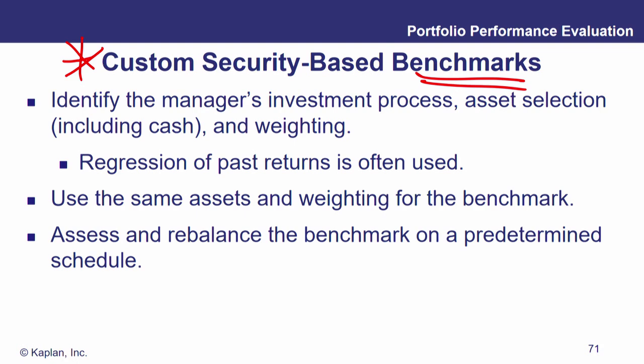So we're going to identify the manager's investment process, their asset allocation, including cash and weightings. We're going to do some regression of past returns, and we're going to use the same assets and weighting for the benchmark, and we're going to assess and rebalance that benchmark on some predetermined schedule. Okay, so nothing too surprising there.